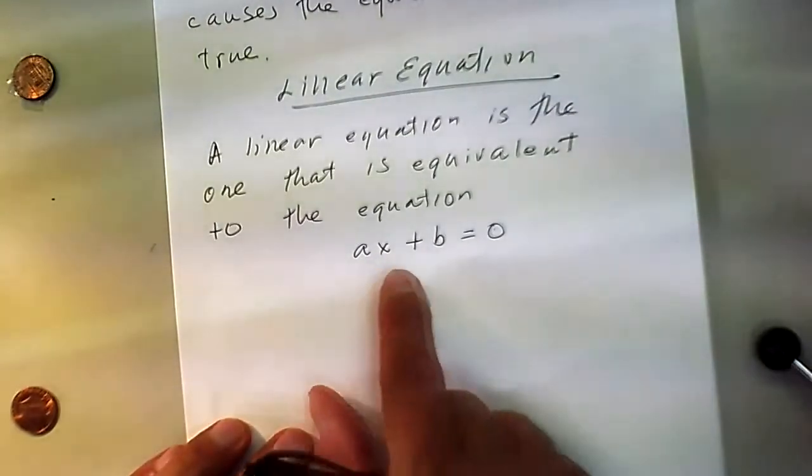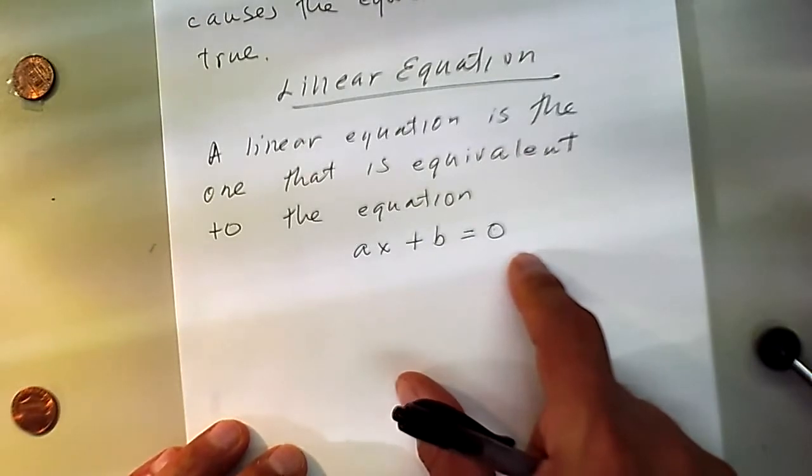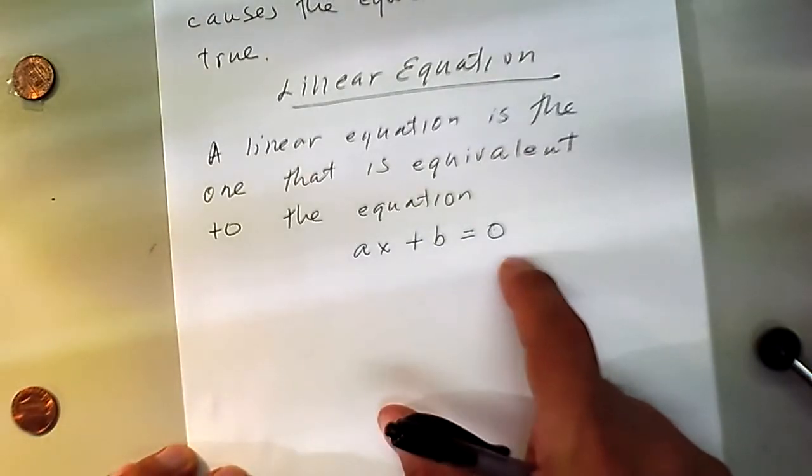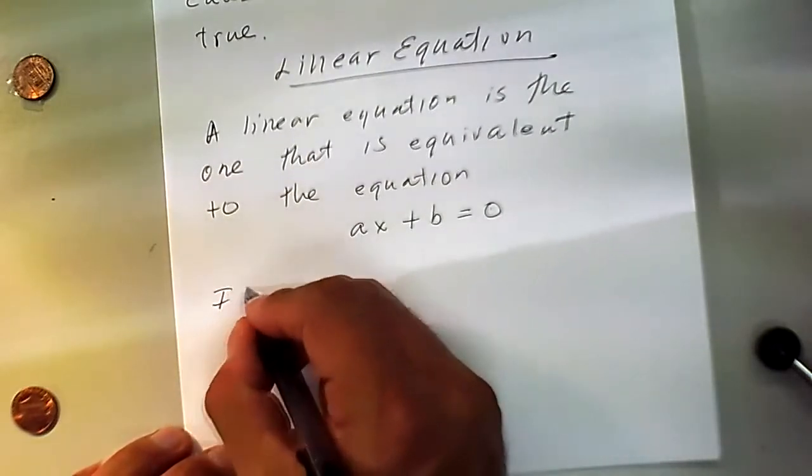So if you can rewrite an equation so that it becomes this, then we have a linear equation. Let me write that down.